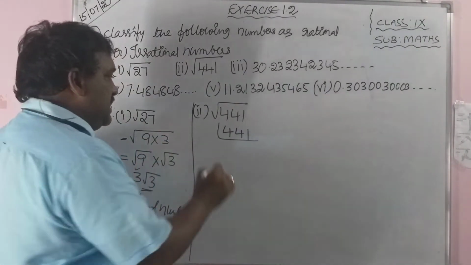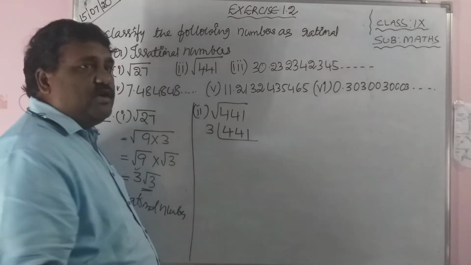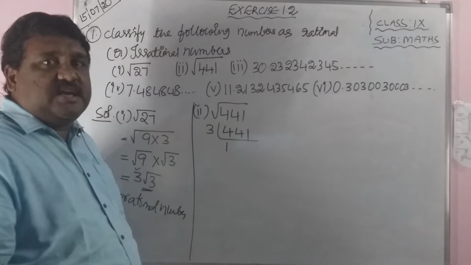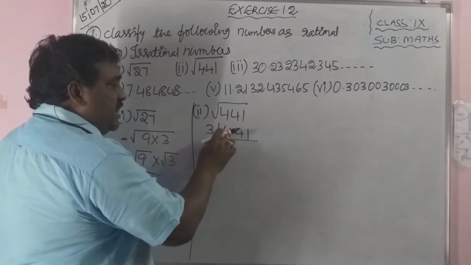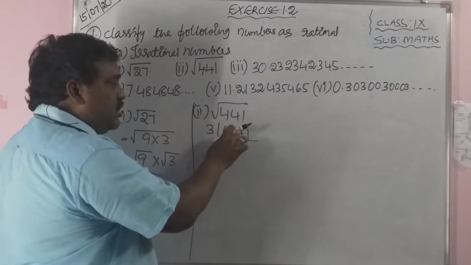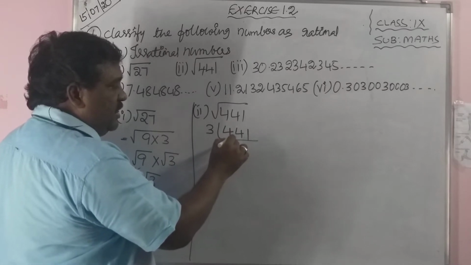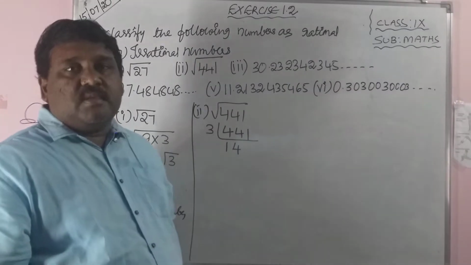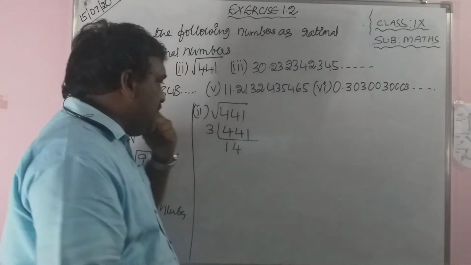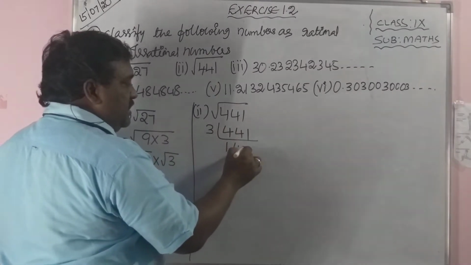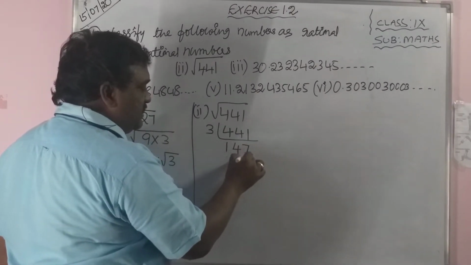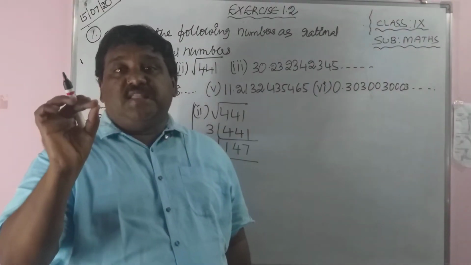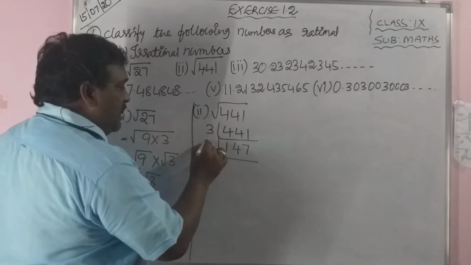Which table? 3 table. 1 three is 3, remainder 1, next number 4, how many times? 4 threes are 12, out of 14, 12 completed, remainder 2, next number 1, 21, how many times? 7 times. So 3 table, 147 times.